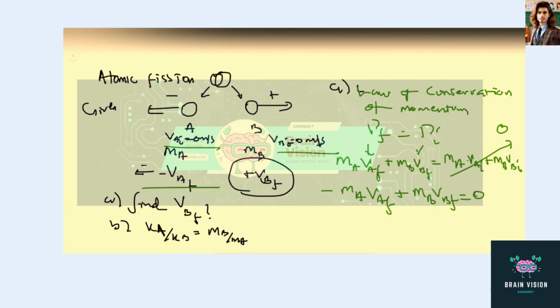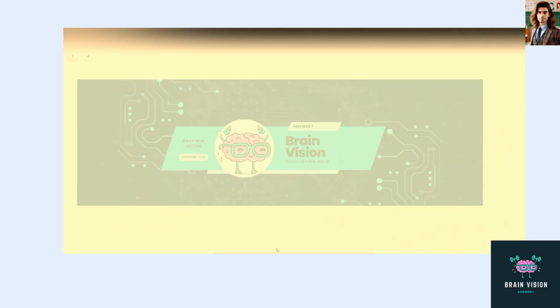And so solving for the final velocity of B, you get MA VA final over MB, which, according to the way they want to structure the question, you could actually write as just the mass of A times the velocity of A over the mass of B. But just recall that this is the final velocity. It's the same thing. That's what happens in part A.